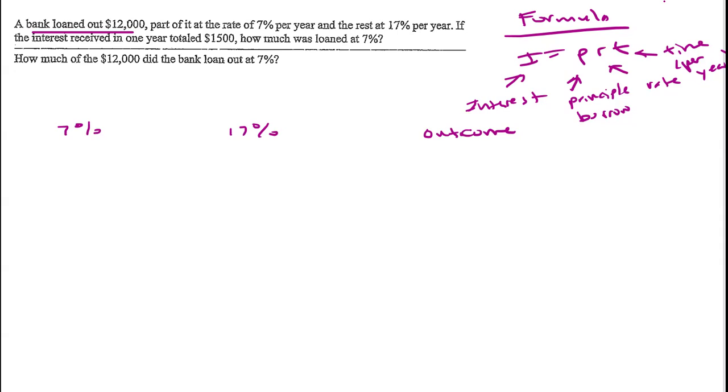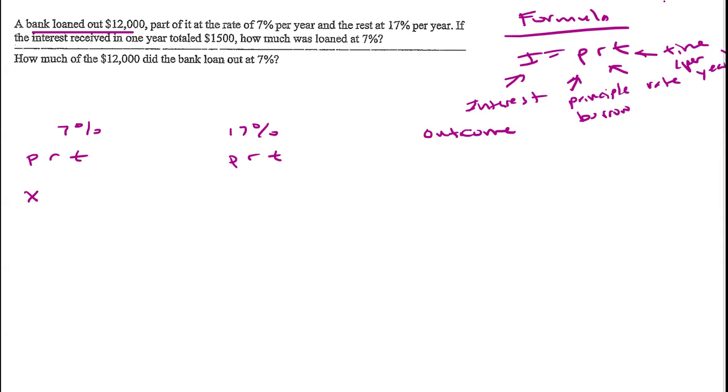It's the same thing here. So I'll write it here, PRT. P is X. I don't know how much I'm putting in for 7%, but I do know for 17%, whatever is left over, I'm putting it in there.